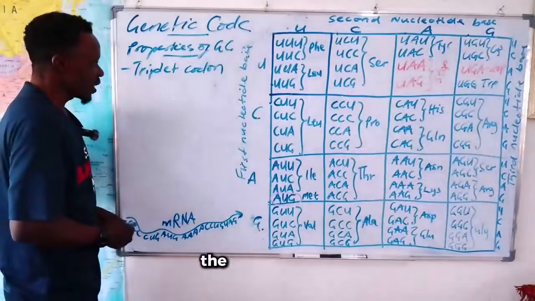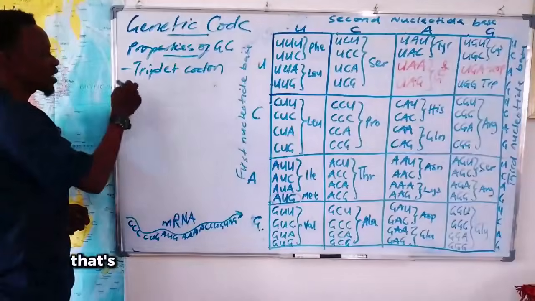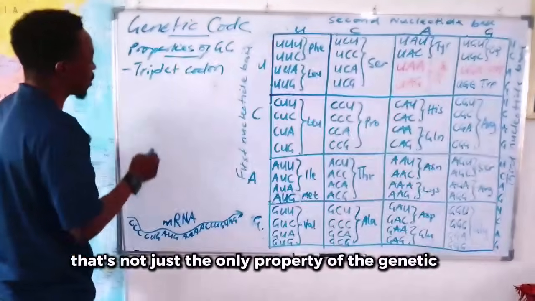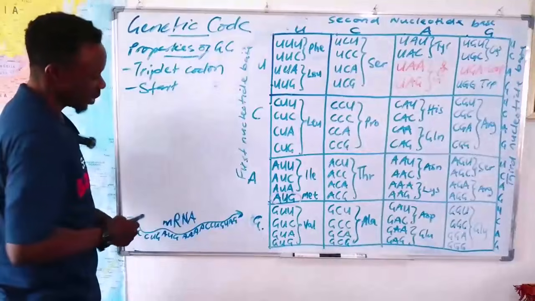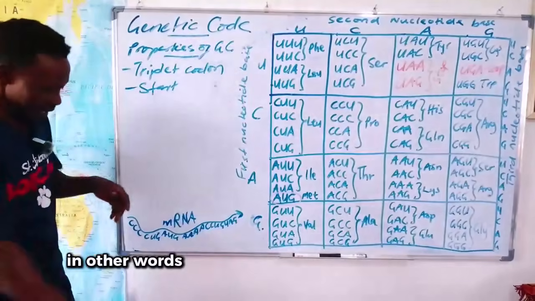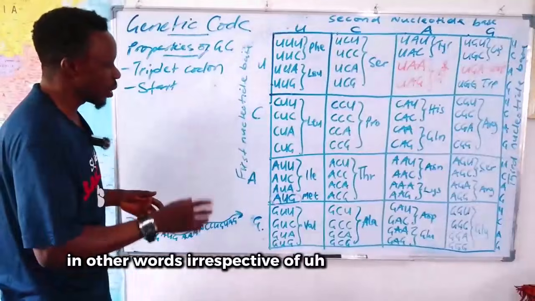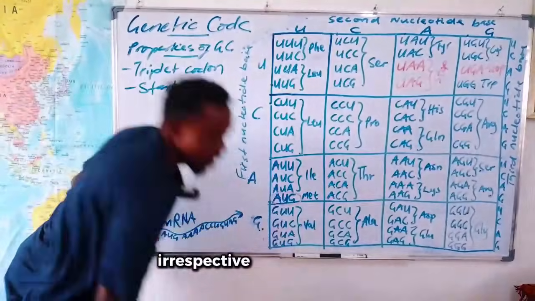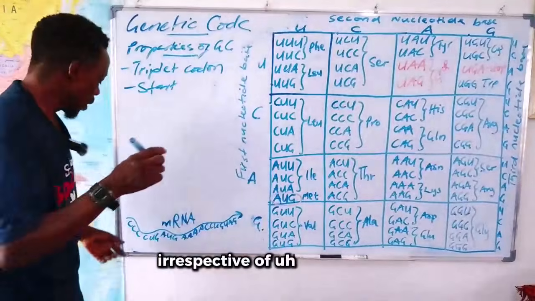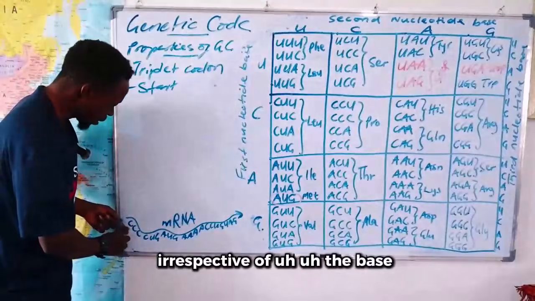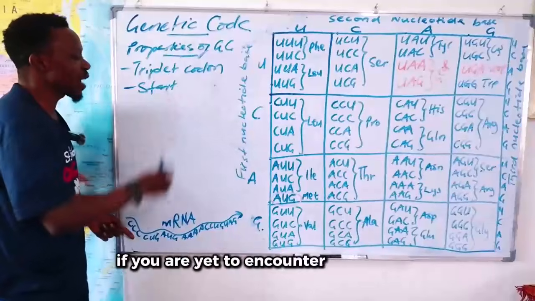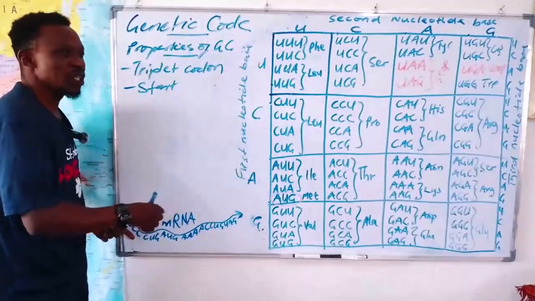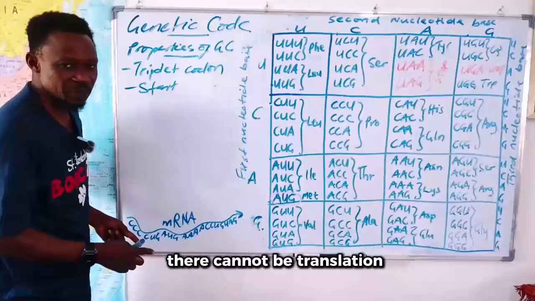However, that's not the only property of the genetic code. It has a start codon. In other words, irrespective of the triplet codon that you have, if you are yet to encounter a start codon, there cannot be translation.